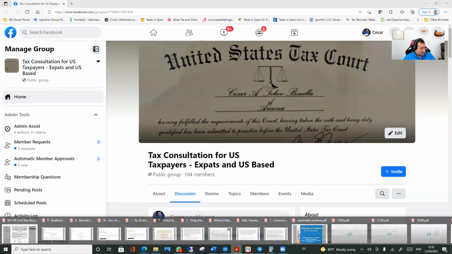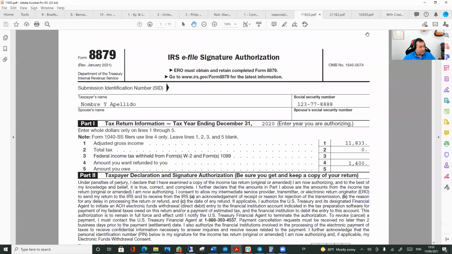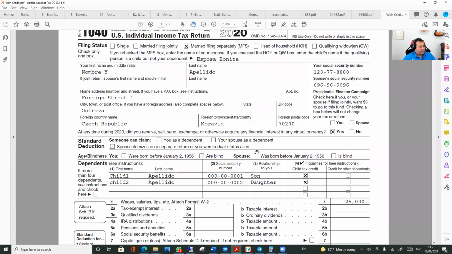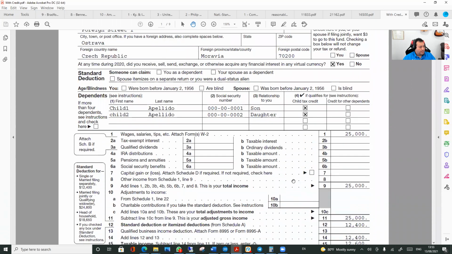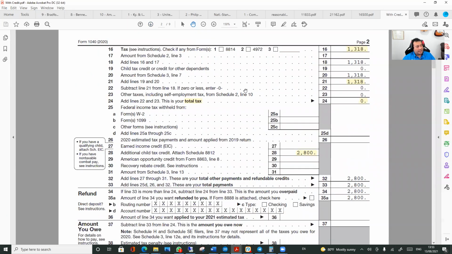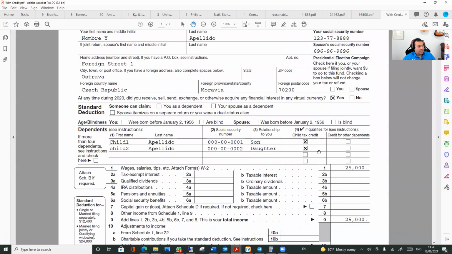So what I showed in the previous video was this, that with 2 children, an expat could qualify for $2,800 child tax credit. The nuance here is that I chose an arbitrary salary of 25,000.